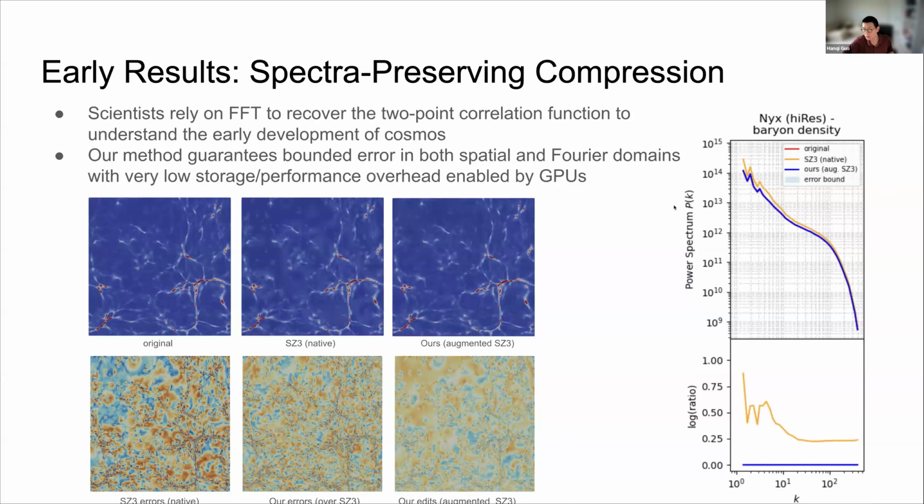On the right-hand side, this is from cosmology simulation data, looking at the baryon density and calculating the power spectrum. We can see that if we use SZ3, the power spectrum is much off from the ground truth. With our method, at the same compression ratio, we accurately bound all the frequency components within less than 1% frequency error bound.